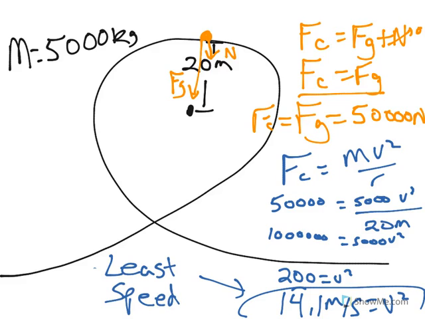Now let's say we needed to figure out what the centripetal force would need to be if we had any other velocity. Then rather than solve for the velocity, we would just plug it in. For instance, what would be the centripetal force if it was going at 20 meters per second? Say you needed to make sure the roller coaster was able to withstand it. Then you could just do centripetal force equals 5,000 times 20 squared divided by 20.